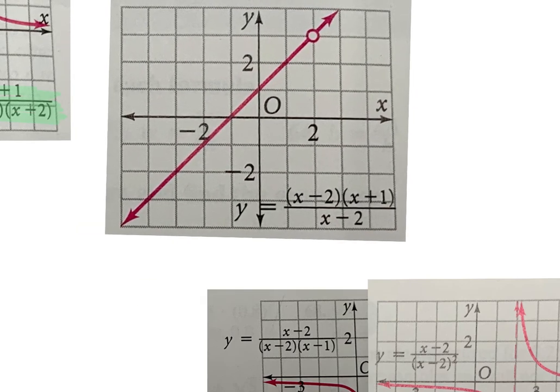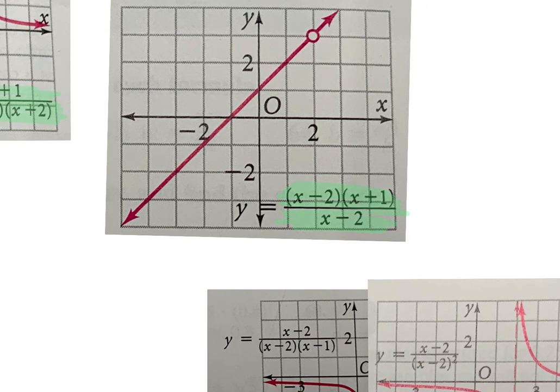Now, this guy also has a 2, right? You can see that 2 causes a problem, but we do not have an asymptote there. What do we have at 2? What happens at 2? It's a hole, actually. Yeah, a circle that denotes a hole, all right?